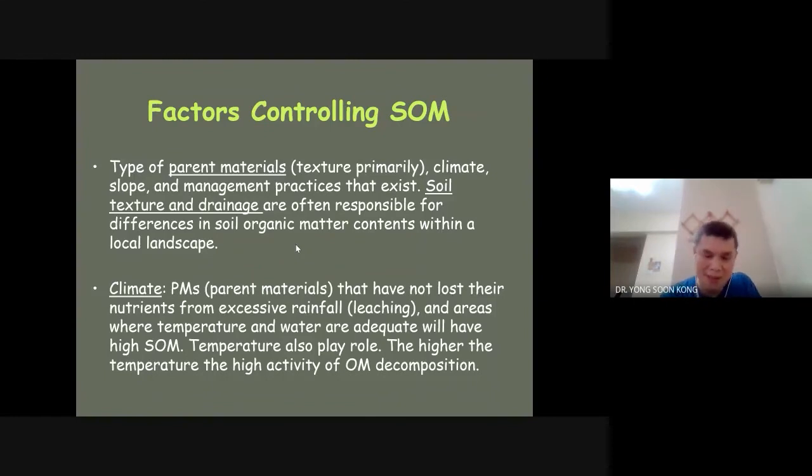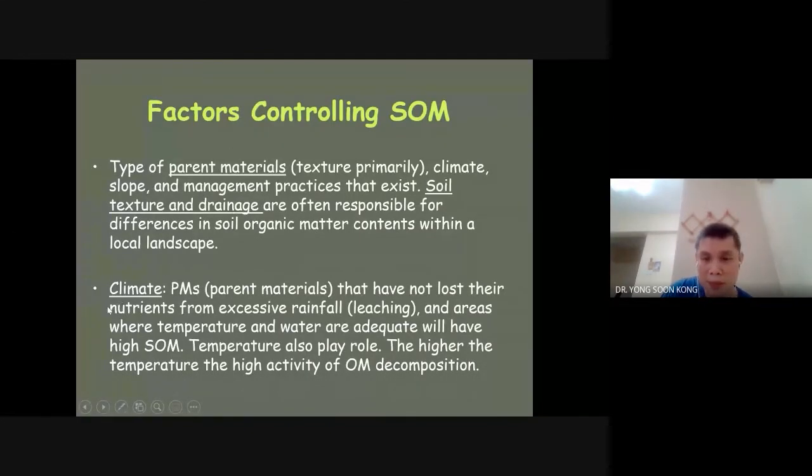So another thing that you need to look at is some parent materials also are alkaline, like limestone. So that's why limestone, when you look carefully, especially when you go to any limestone hill, not many organic materials are retained inside because they're so alkaline that whenever there are organic materials on top, they easily dissolve and wash out. Okay? So two factors are particle size and also whether those parent materials are alkaline.